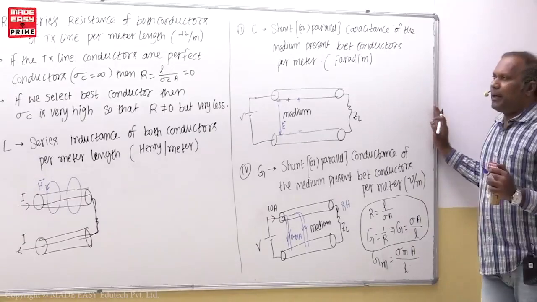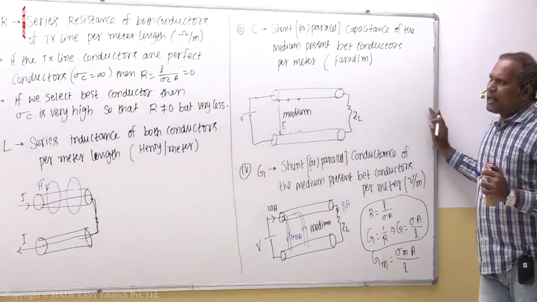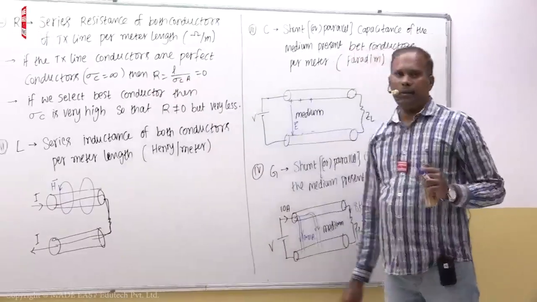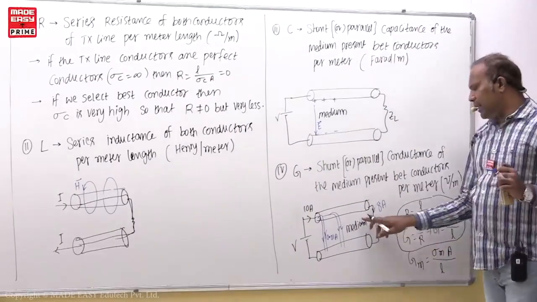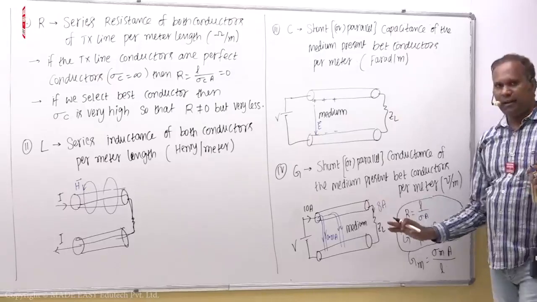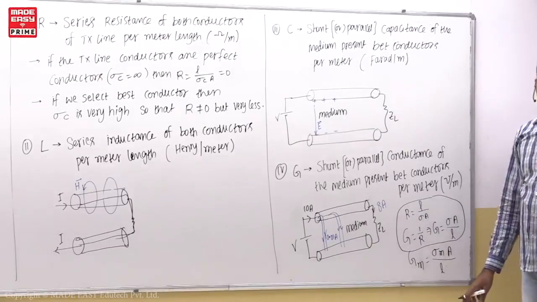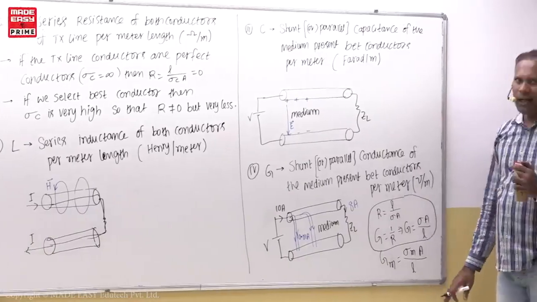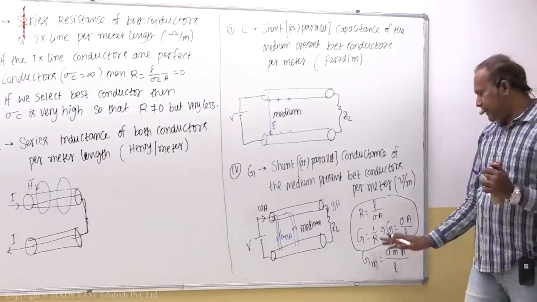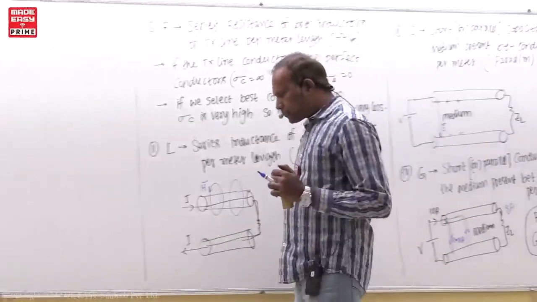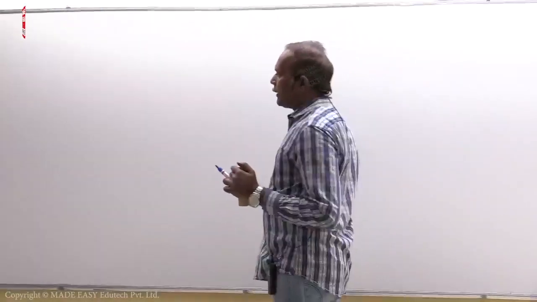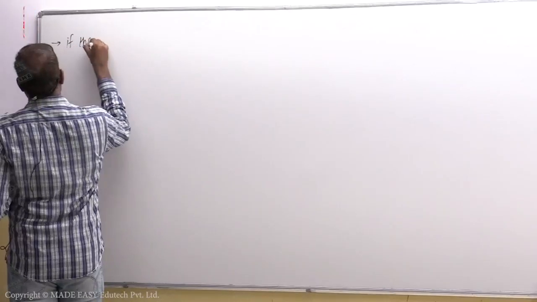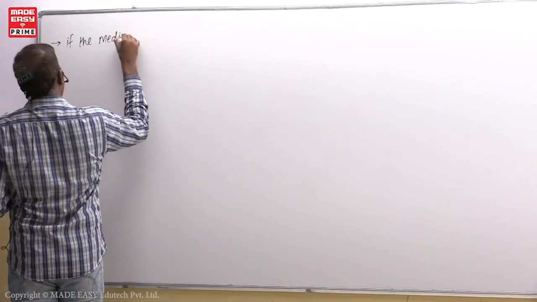Once again I am writing here, dl1 bar is a differential length at point 1. If you multiply with I1, then that is called the differential current element at point 1.